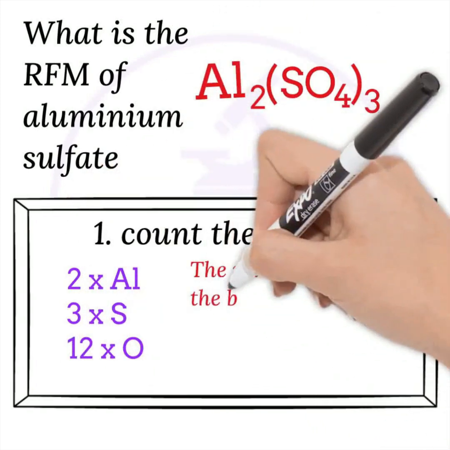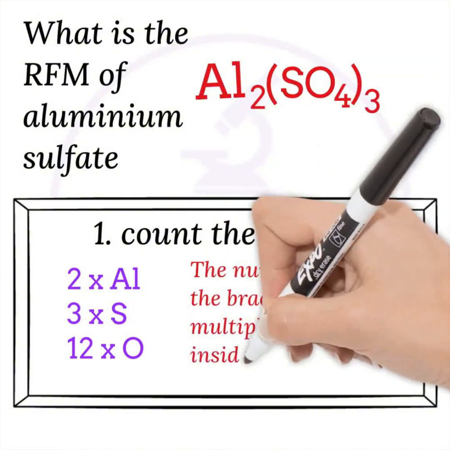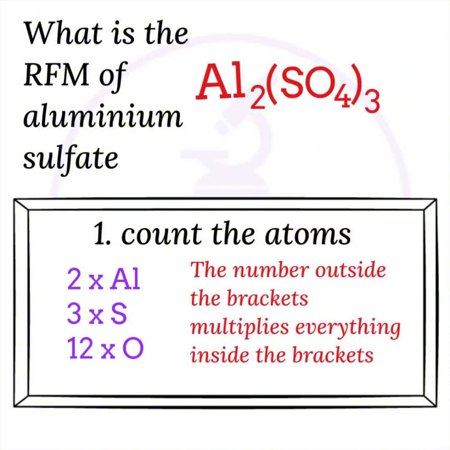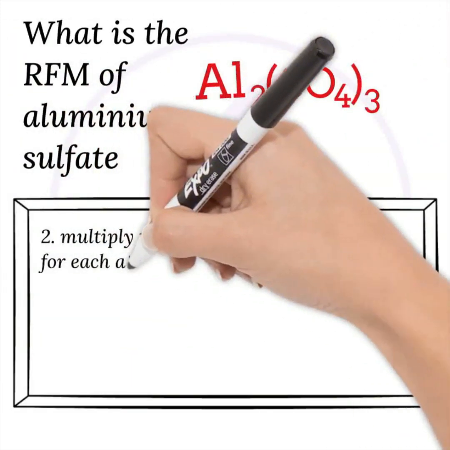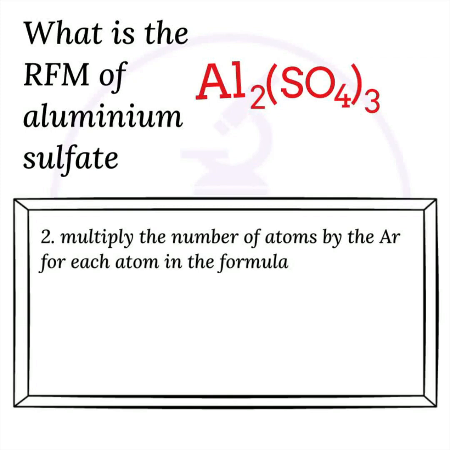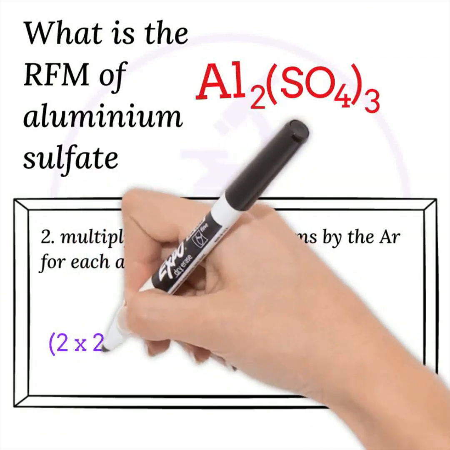The brackets multiply up all of the atoms inside the brackets. In aluminium sulfate, there are 3 sulfate groups. Each sulfate contains 4 oxygen atoms, so in total, there are 12 oxygens in aluminium sulfate.